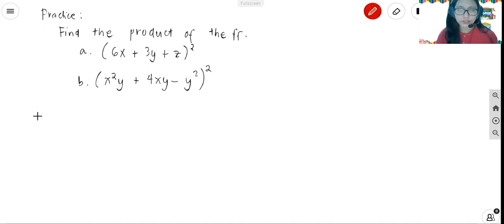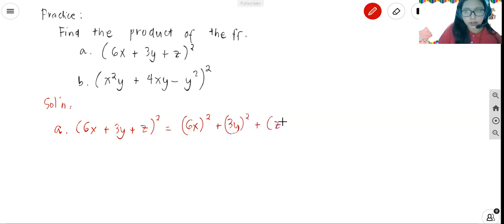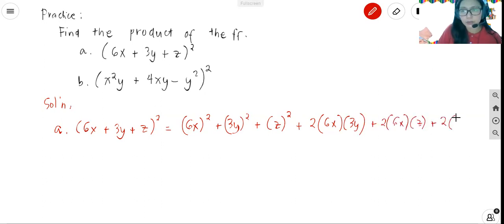So let's now solve for the answers of the following. So we have letter A, 6x plus 3y plus z quantity squared. So square of the first plus square of the second plus square of the third plus 2 times the product of the first and the second plus 2 times the product of the first and the last plus 2 times the product of the second and the last.